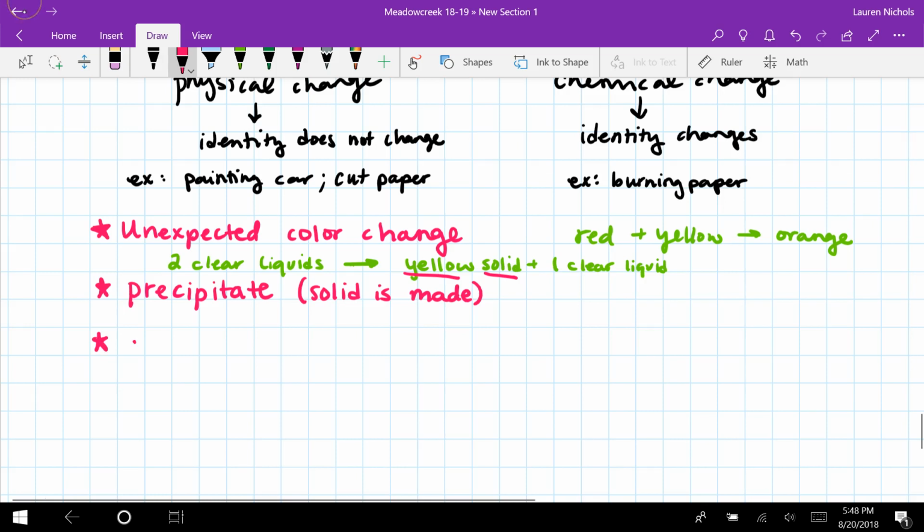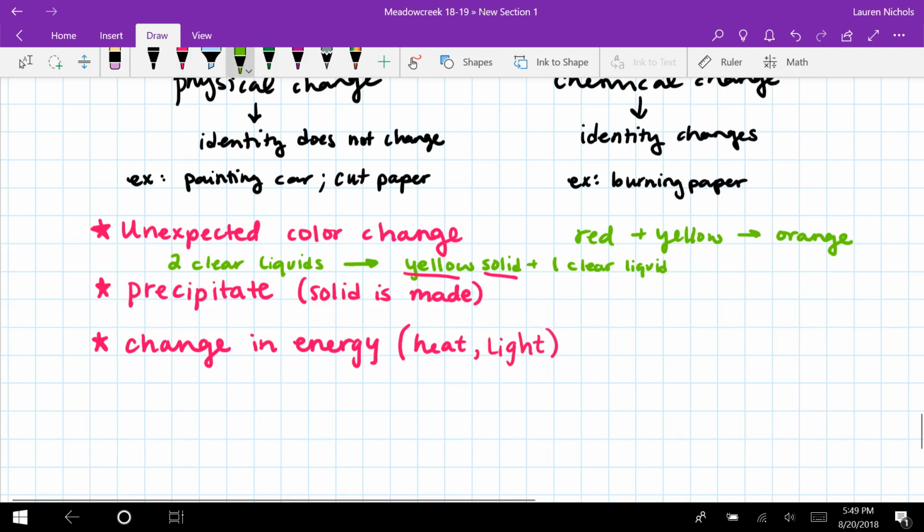The third thing would be a change in energy. Now, this change in energy could look a couple different ways. It could be a change in the amount of heat around it, or it could be a change in the light, because heat and light are both forms of energy.